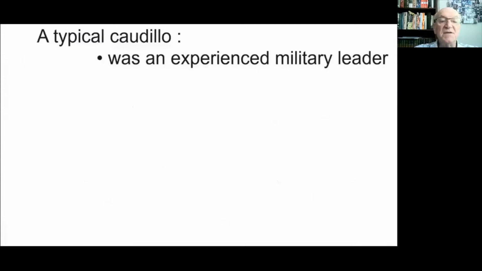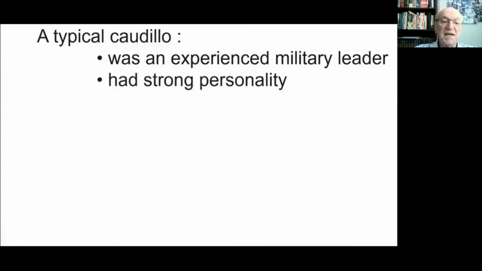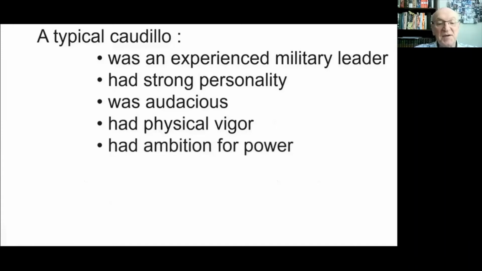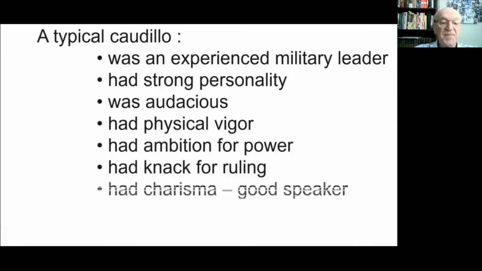A typical caudillo was an experienced military leader. He had a strong personality. He was audacious. He had physical vigor. He had ambition for power. He had a knack for ruling; somehow he knew how to do that. He had charisma.